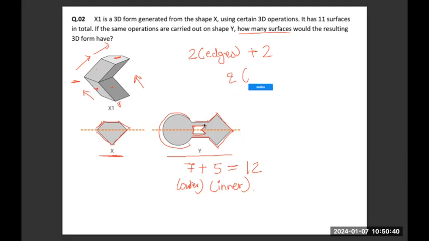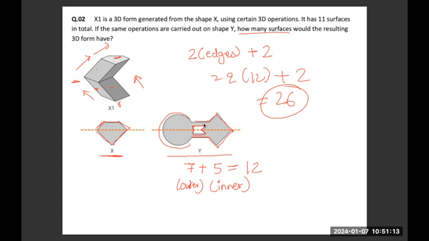So 2 into 12 plus 2, because the top and the bottom surface also need to be counted. Twenty-four plus 2, 26. Any doubts, any questions?